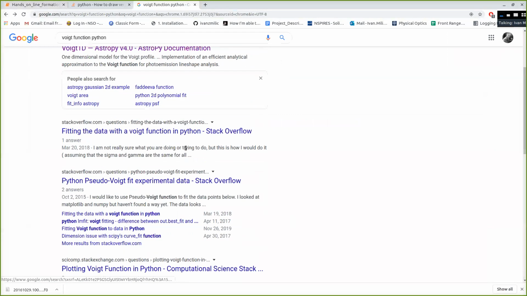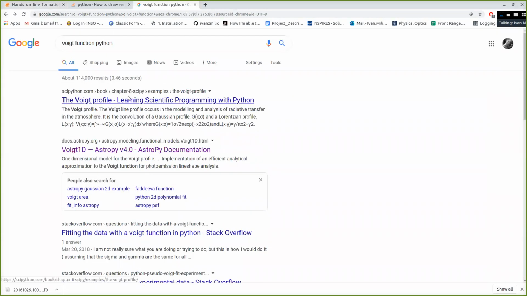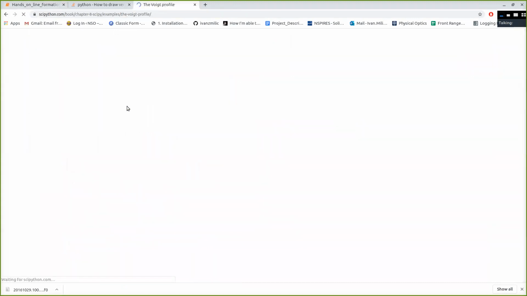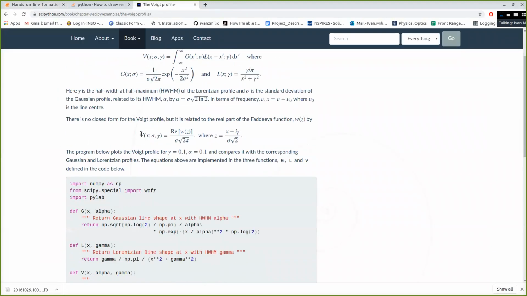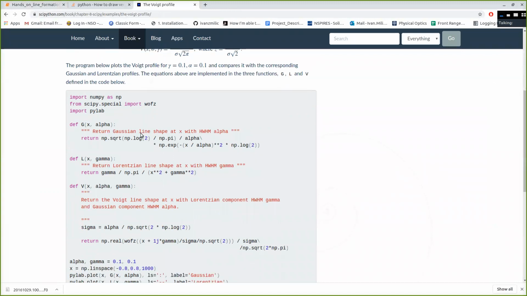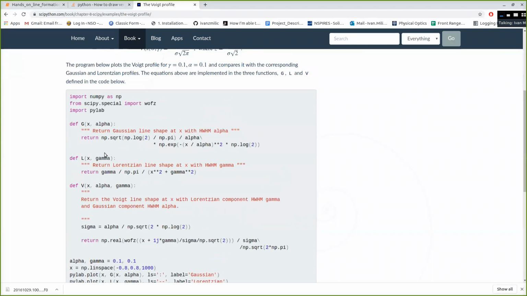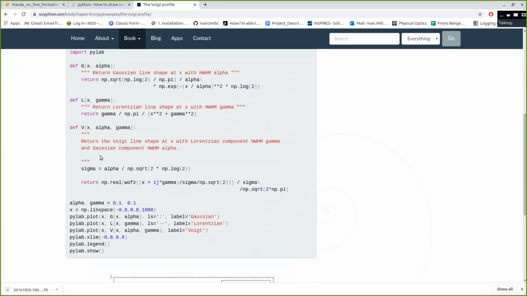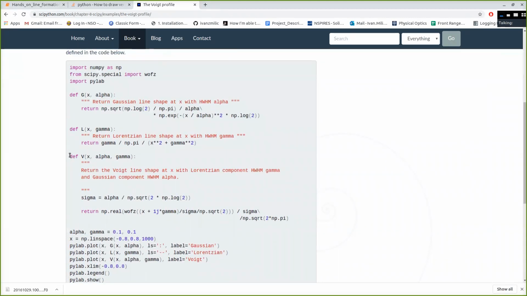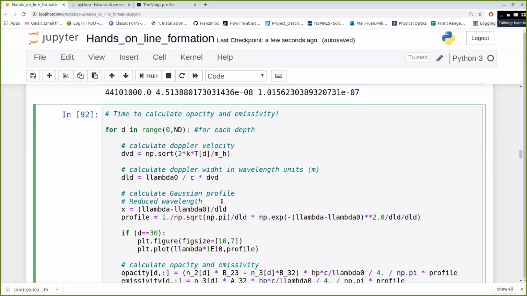Okay, if there are no more questions, let me just tell you how to do the Voigt. So in principle, what you want to do is you need a new function. So we're gonna import something like this.